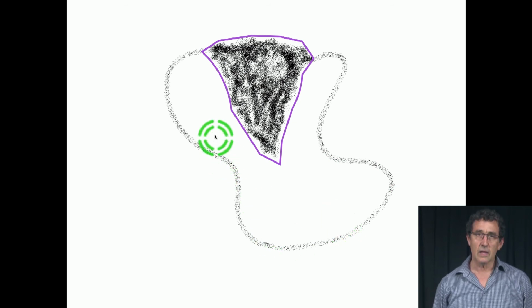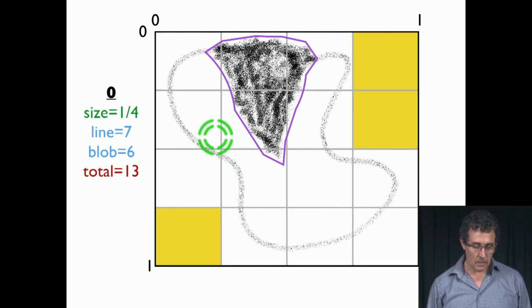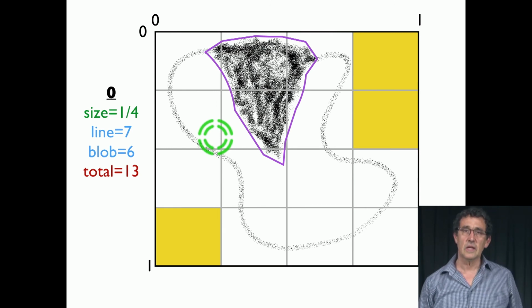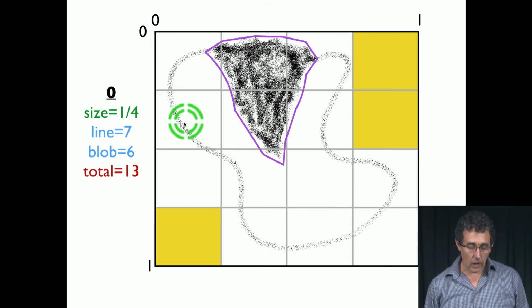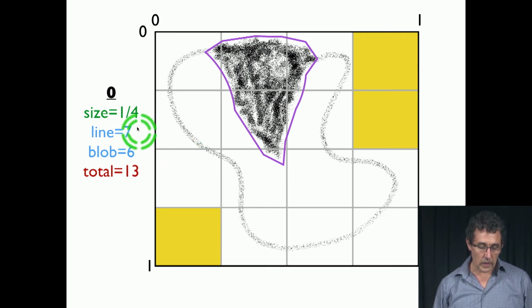So let's see if the math agrees with us. We do a partitioning of the space, as before, into finer and finer squares, and then we count how many squares touch the line, how many touch the blob, and how many don't touch anything.